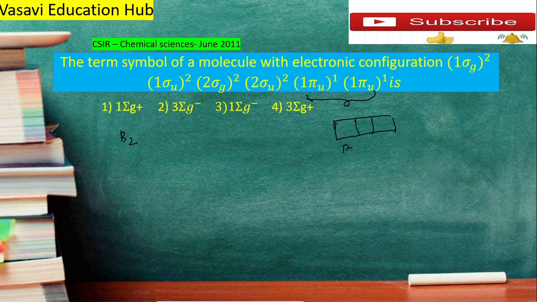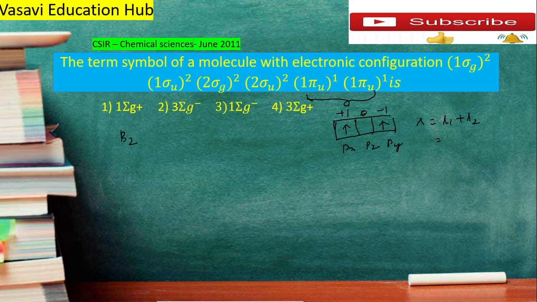So this is px, pz and py. Here there is no electron in sigma 2, pi 2px and pi 2py. So this is plus 1, 0, minus 1. So lambda is equal to the sum of these L values, that is L1 plus L2.